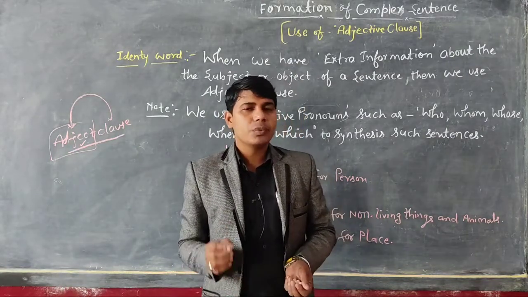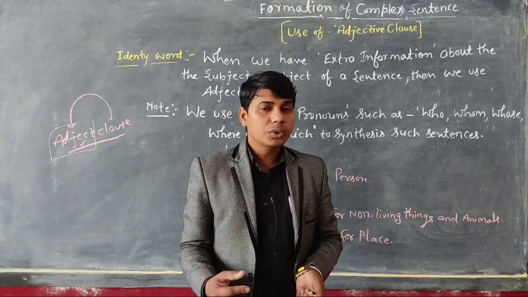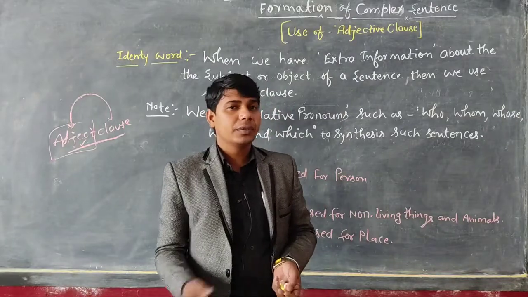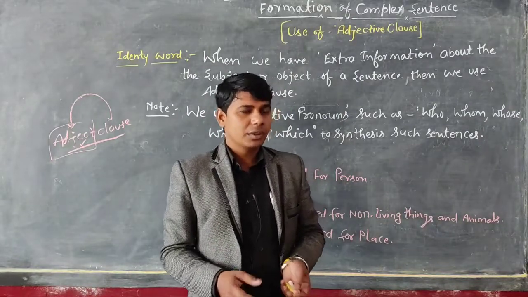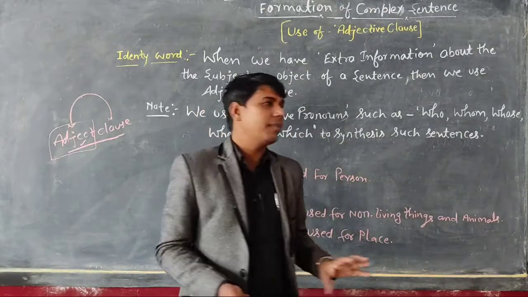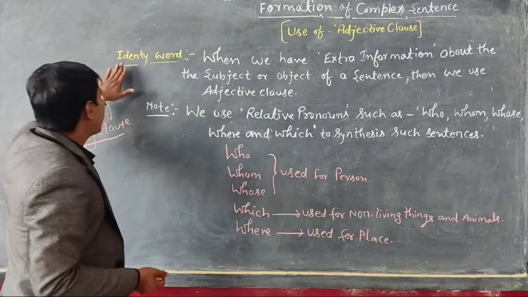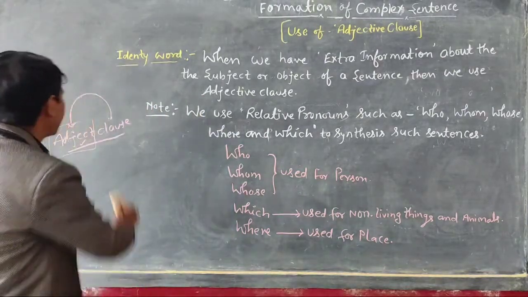So let's see what is the identification of adjective clause. How will you identify whether the given sentence will be joined with the help of adjective clause or not? We have an identity word.